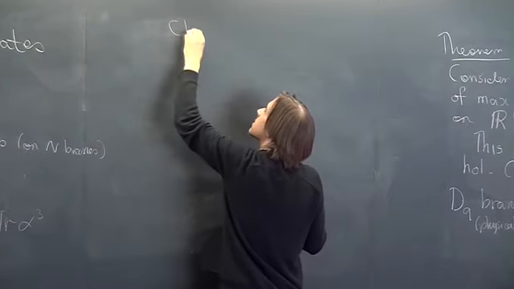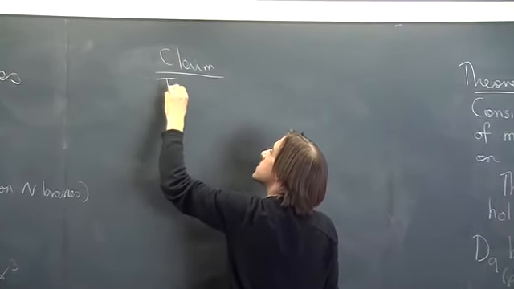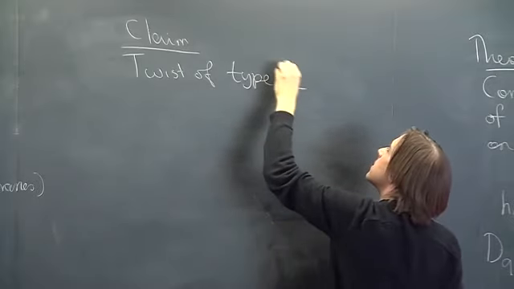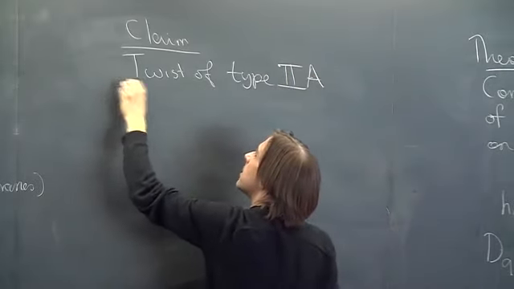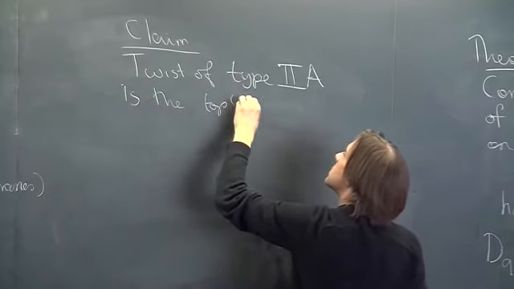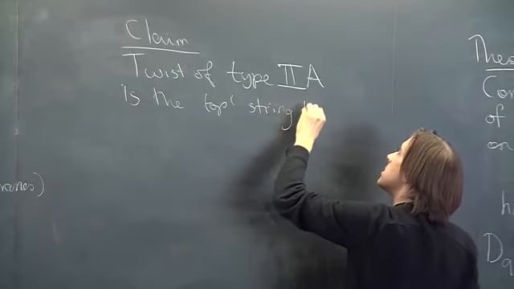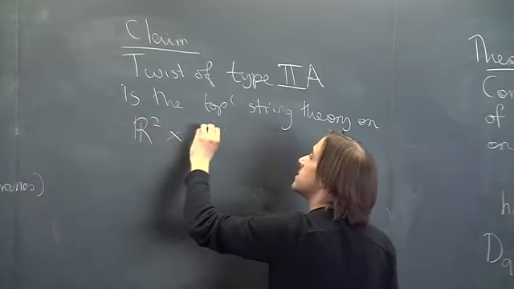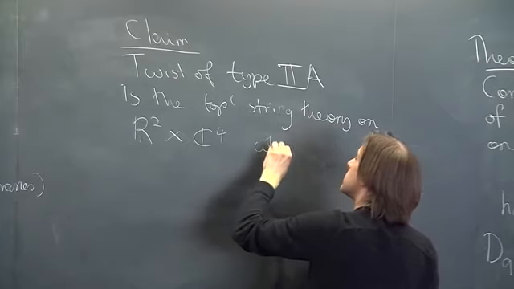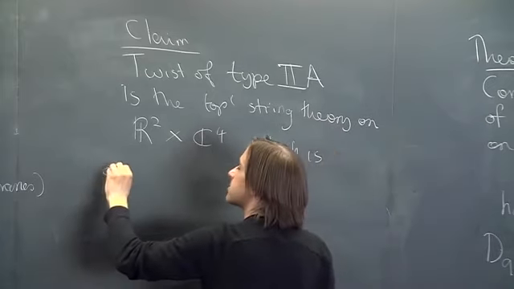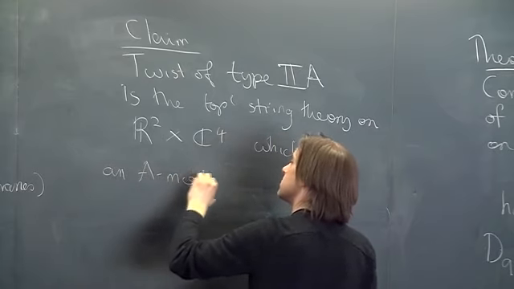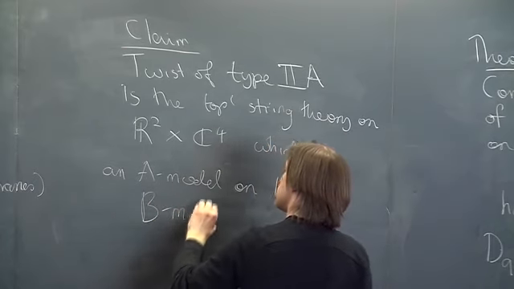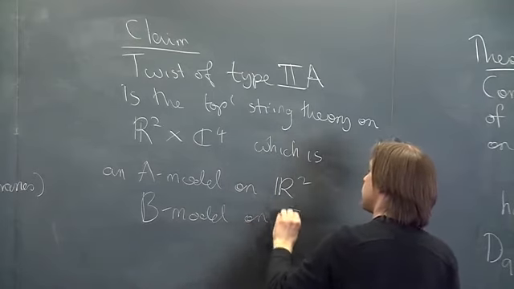So the claim is that a twist of type 2A is the topological string theory on R2 times C4, which is an A model on R2 and a B model on C4.